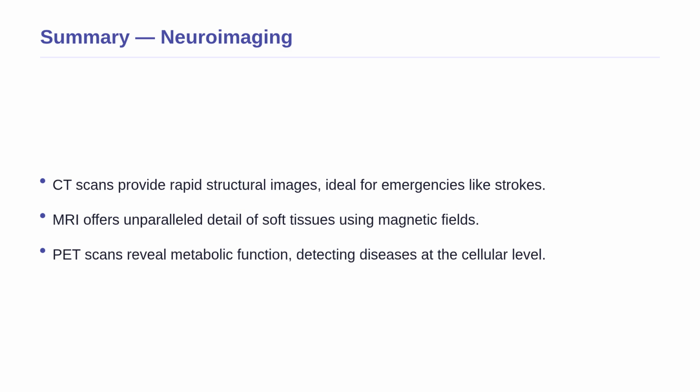CT scans provide rapid structural images, ideal for emergencies, while MRI offers unparalleled detail of soft tissues using magnetic fields and the principles of the Larmor equation. Finally, PET scans reveal the actual metabolic function of the brain using radioactive tracers, allowing us to detect diseases at the cellular level. You now understand the fundamental physics and clinical applications that make modern neuroimaging possible.